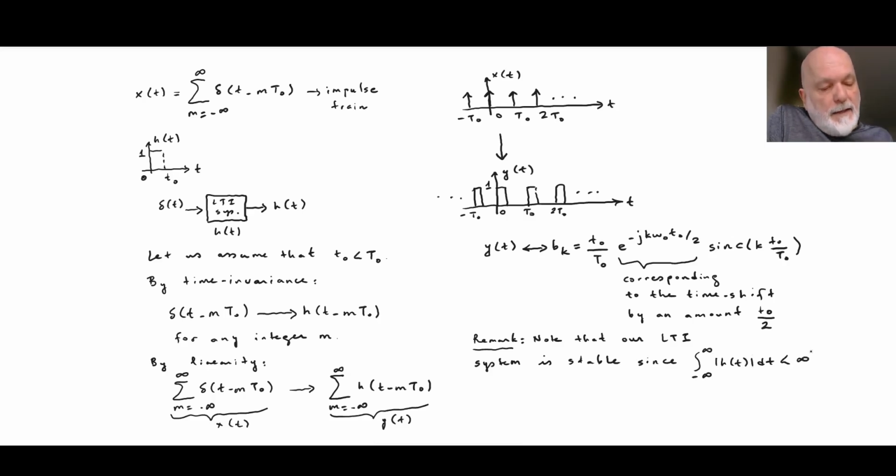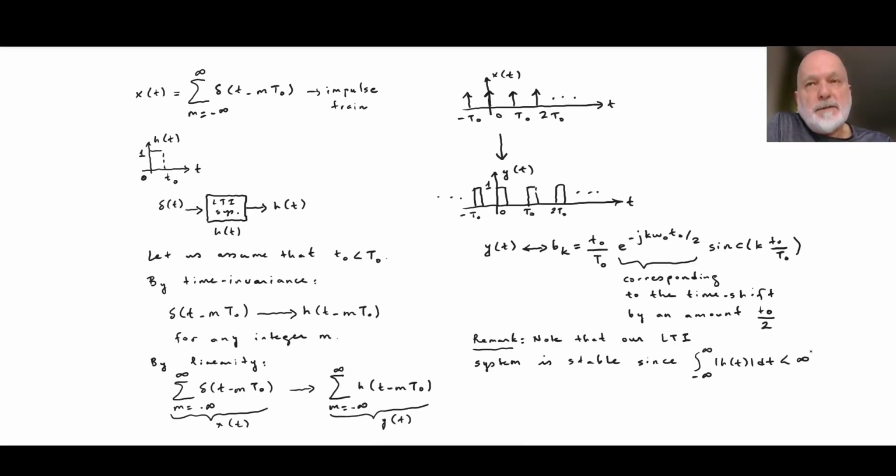And therefore, our analysis is valid. Remember, this analysis is not valid for systems which are not stable. In that case, in the convolution integral, we have an improper integral that is divergent, and we have a serious problem.